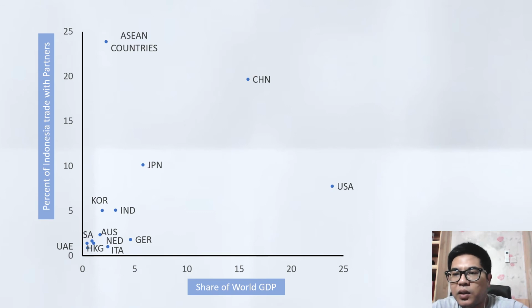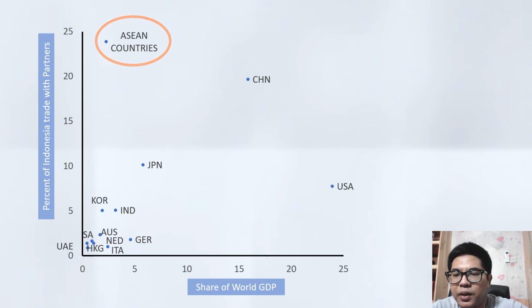Now we make a group called ASEAN, consisting of ASEAN major partners with Indonesia: Singapore, Malaysia, Thailand, Vietnam, and Philippines. From this graph, what can you make of this?